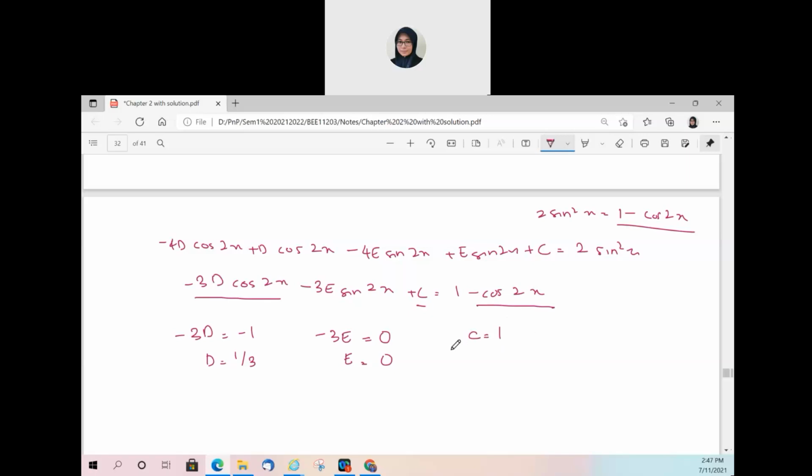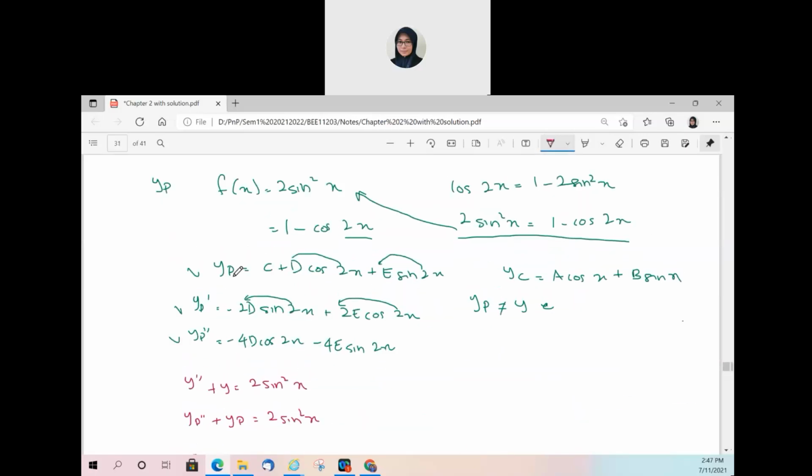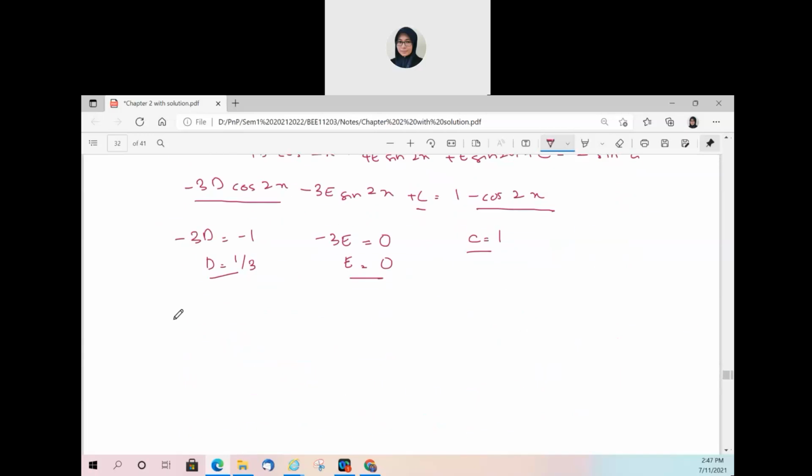Then you masukkan C, E, D inside YP here. So our YP is equals to C plus D cos 2x plus E sin 2x. Then you masukkan D, E, C here. Then your YP will be C is 1 plus D 1 over 3 cos 2x plus E sin 2x, E is 0, then you tak payah. So YP is 1 plus 1 over 3 cos 2x.